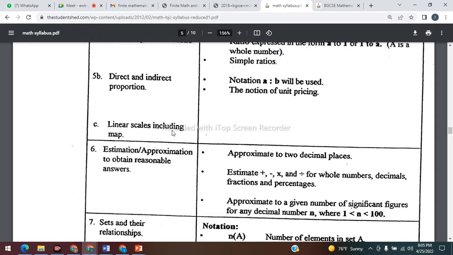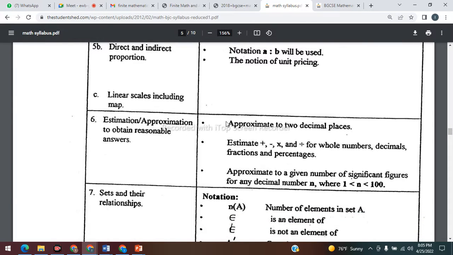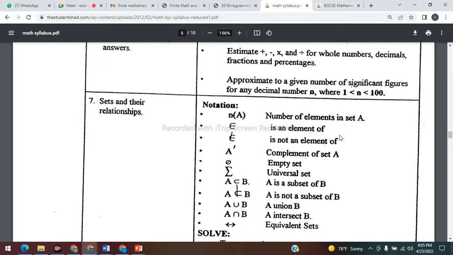So for example, if we have a map where 5 centimeters equals 2 kilometers, what would be the kilometers if we have 7 centimeters? Like that. Approximation, be able to approximate to 2 decimal places, so rounding, right? Significant figures, of course, sets.